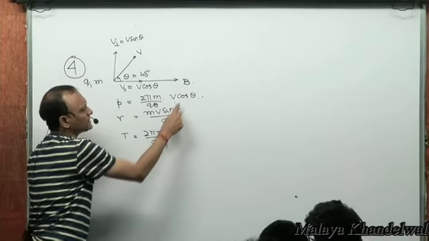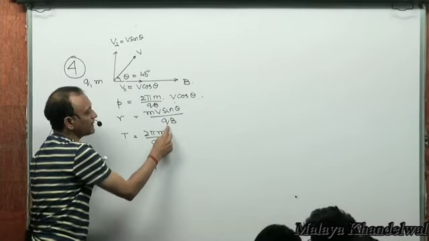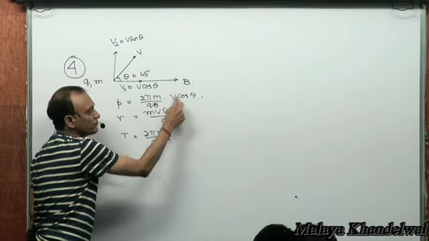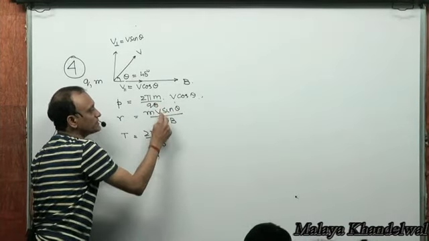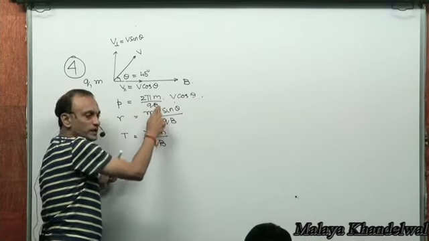Now, cos theta and sin theta are equal because theta is 45 degrees. So m v sine theta by qB is the same as m v cos theta by qB. So m v cos theta by qB I can write as r.